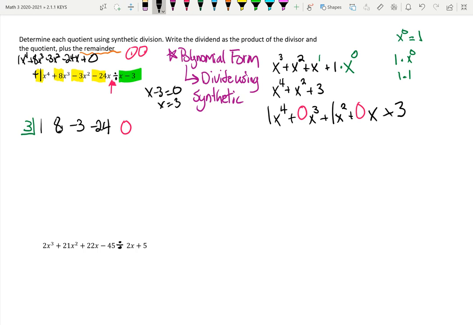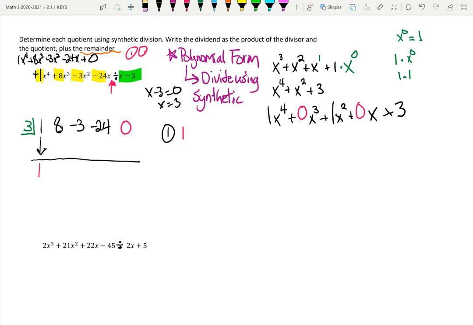So, now I'm going to use an algorithm that at first is going to be a little odd, but I'm going to go ahead and show you. I'm going to bring down this first number, and it's going to be 1. Now, I'm going to do my first step. I'm going to take the number I brought down, 1, and multiply it by 3.